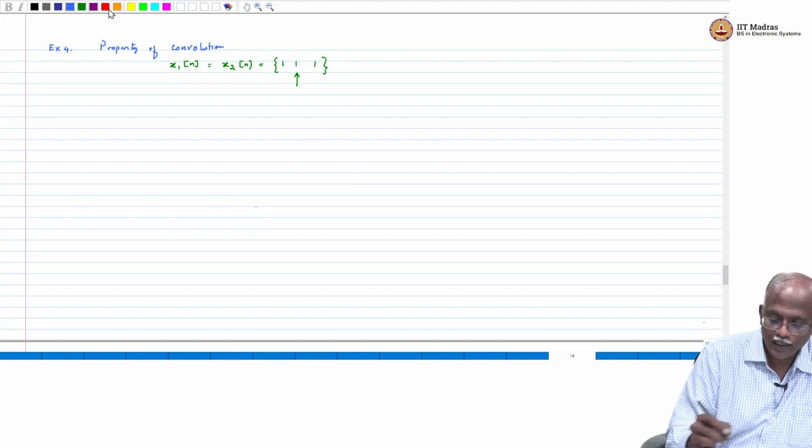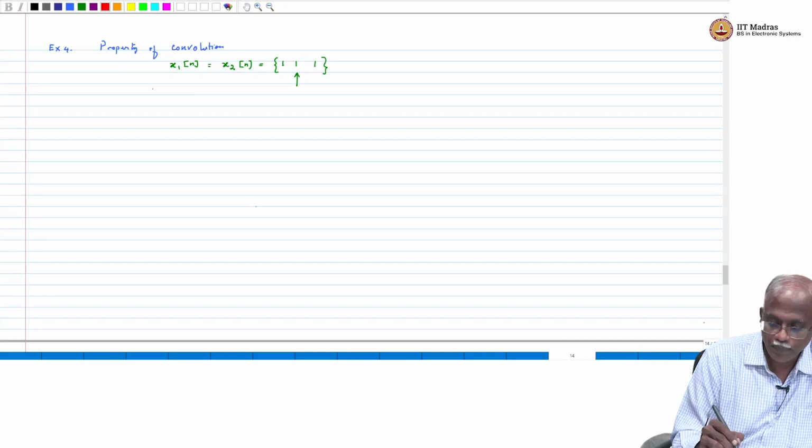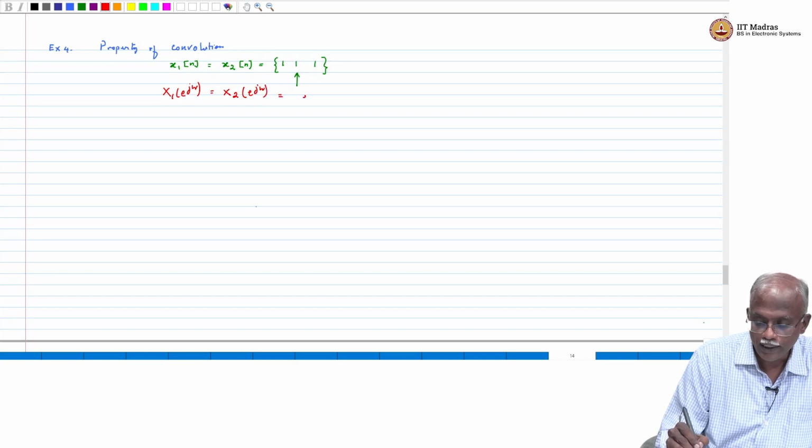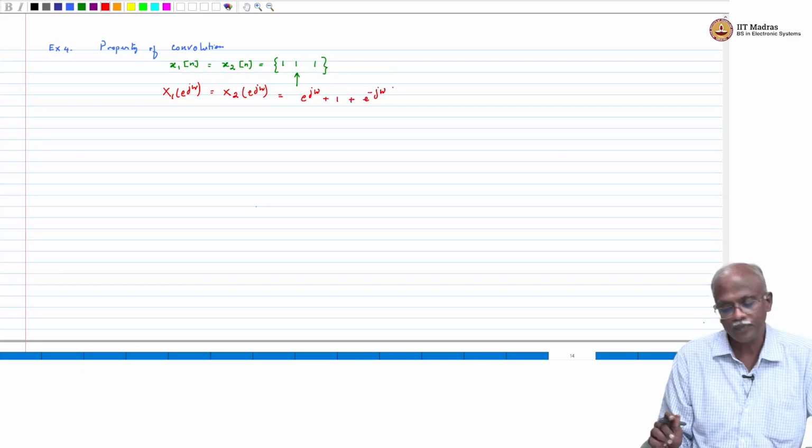Okay. So, we can write down the corresponding relationship: x1 e of j omega is equal to x2 e of j omega equal to e power j omega plus 1 plus e power minus j omega.